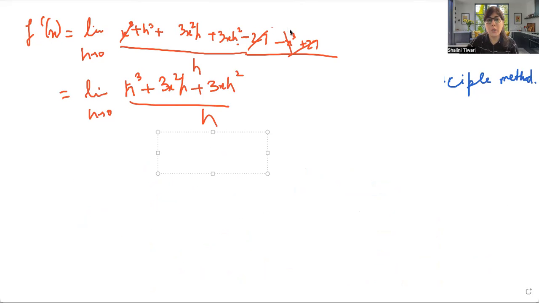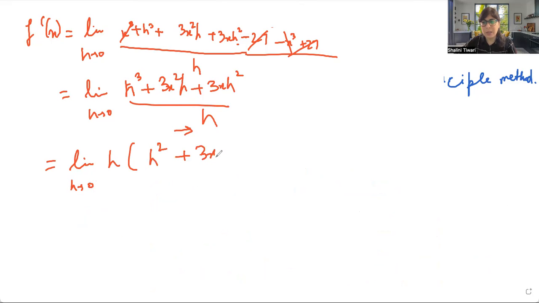So what we're going to do now is we take the common factor so that this h gets cancelled. So we take h as common. The left part is h square plus 3x square plus 3xh over h. Now h can be cancelled. Now, in the denominator, we do not have any h, so it will not lead to a not defined part.